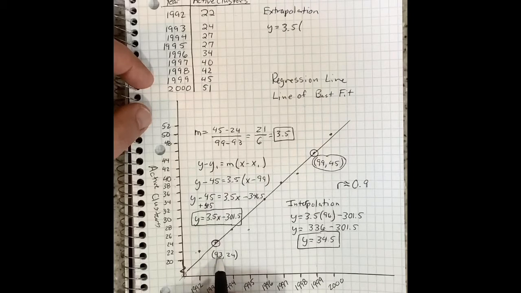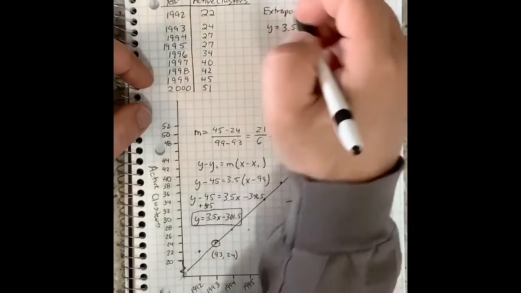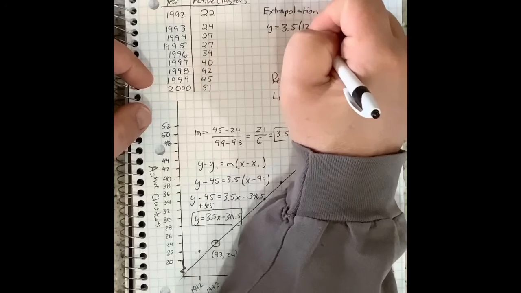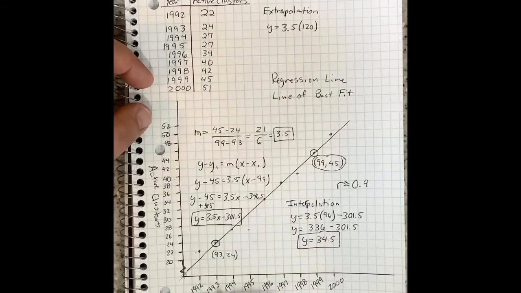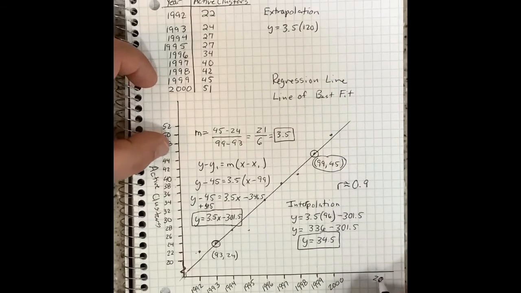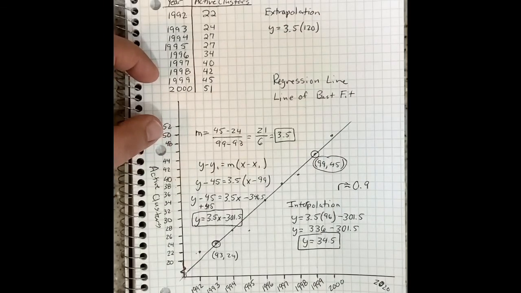So the year 2000 we would just have to call 100. Because if we call this 92, 93, 94, 95, 96, 97, 98, 99, then 2000 would be 100. So clear out here at 2020, that would obviously be 120 for this equation.